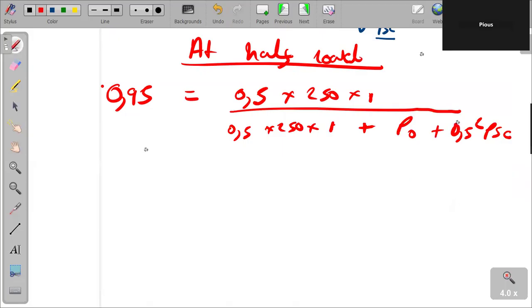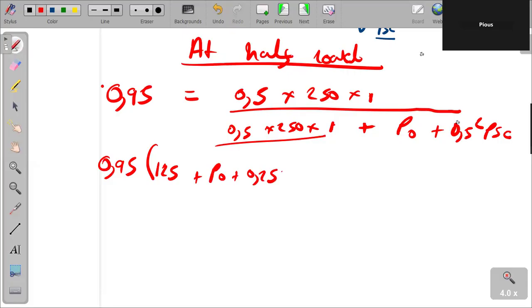Let's now simplify what we are having here. This is quite simplifiable. Cross multiply, that means we have 0.95 multiplying 0.5 times 250 times 1, that's 125, plus P O plus 0.5 squared, that's 0.25, multiplied by PSC, is equal to 0.5 times 250 times 1, that's 125.